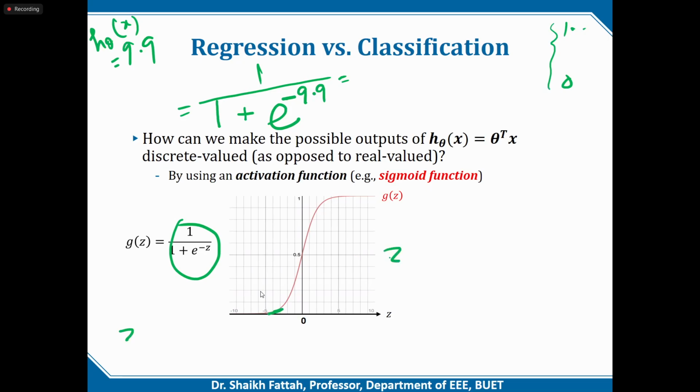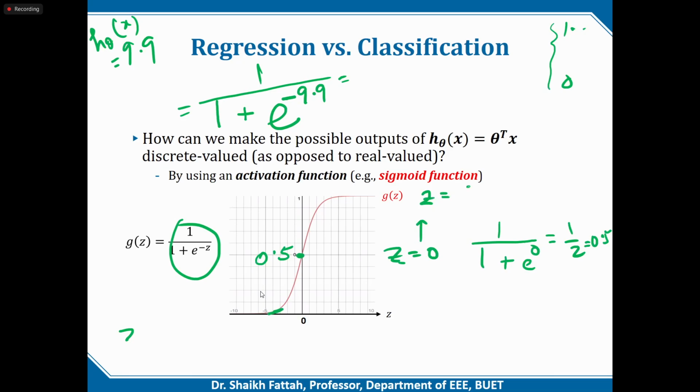For example, when you give me z, let's say z equal to 0, then 1 plus e to the power 0, 1 by 1 plus 1, it is 0.5. So z equal to 0 means 0.5. Then you increase your z.